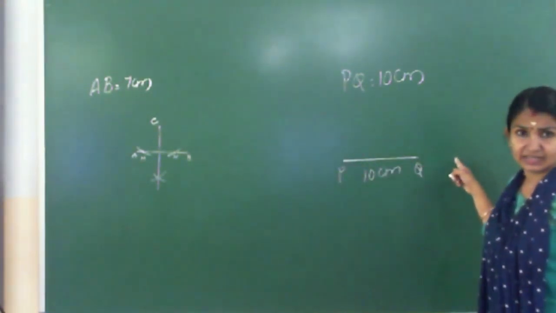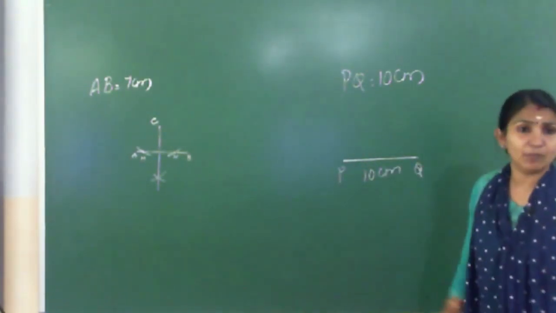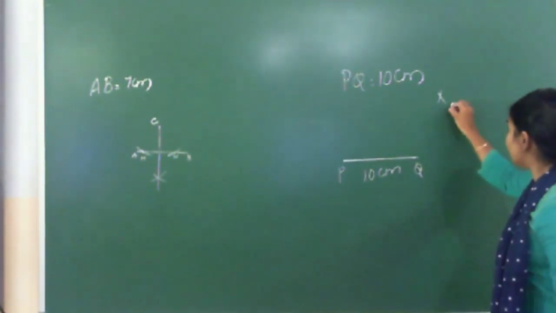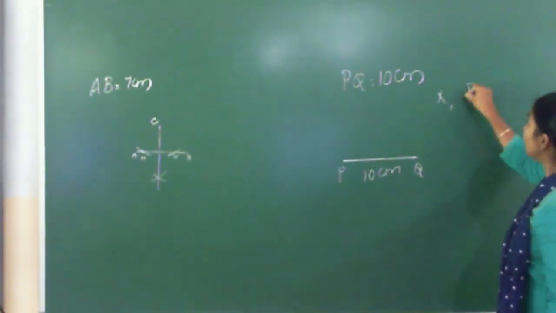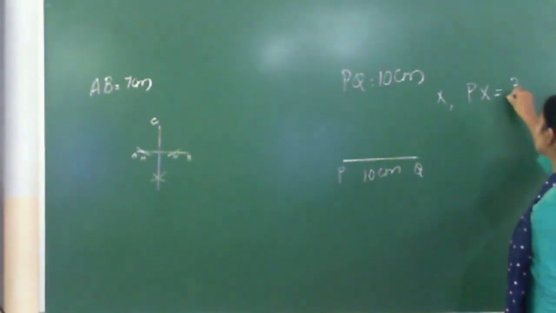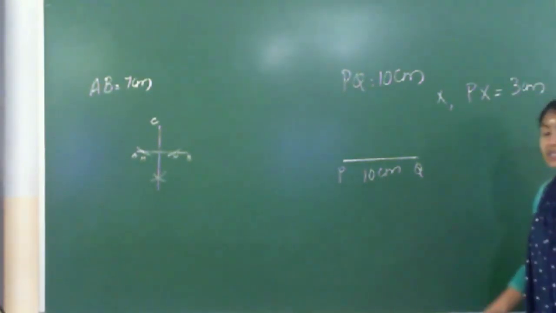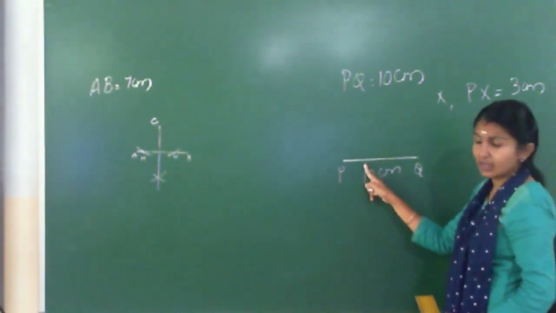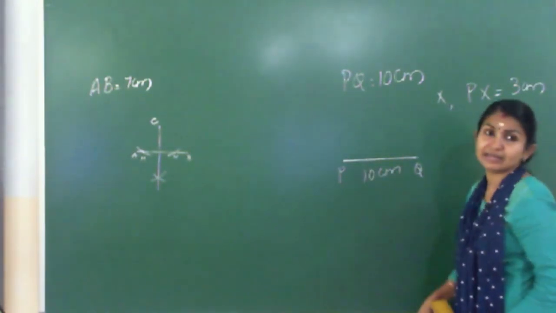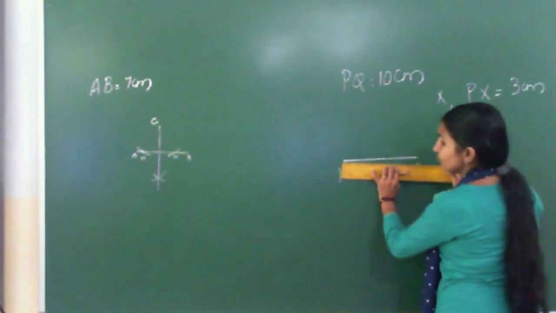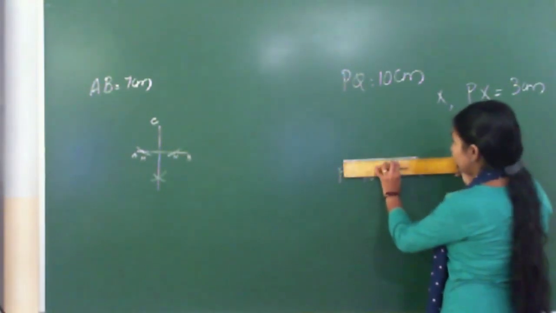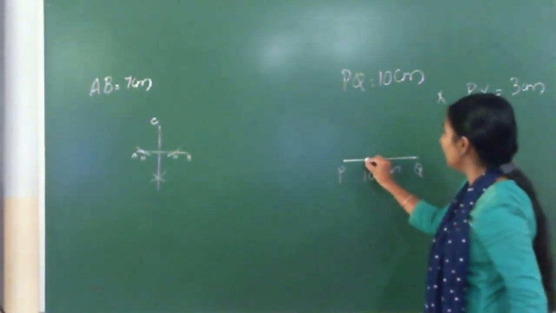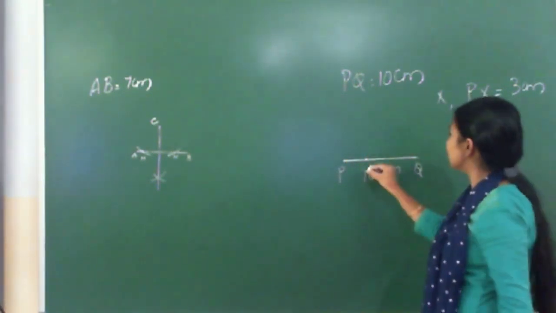In this line segment, we want to mark a point X such that PX is equal to 3 centimeter, means from P we move 3 centimeter away and mark it as X. So we keep our scale like this, 3 centimeter away, mark a point, name it X.